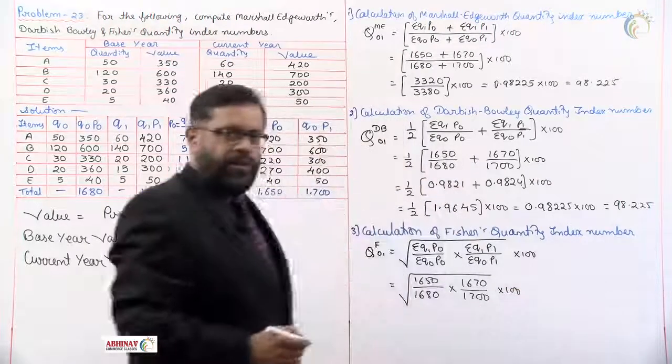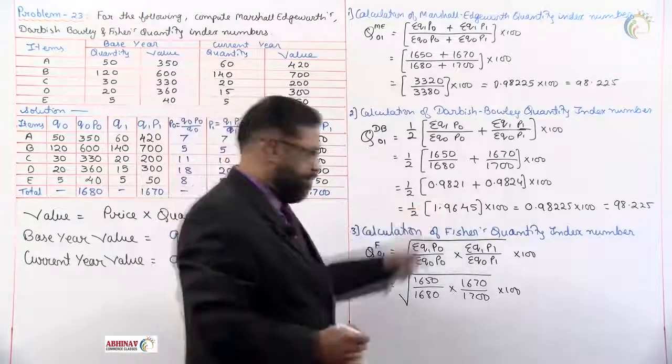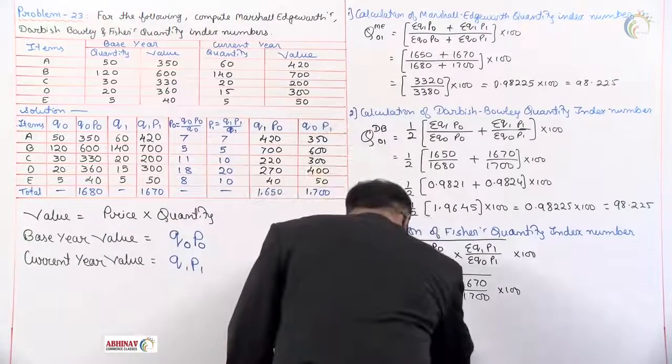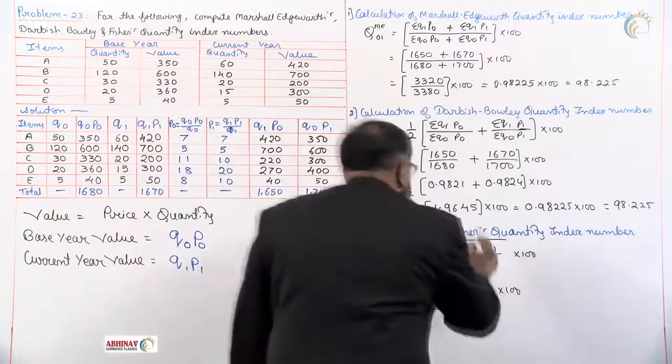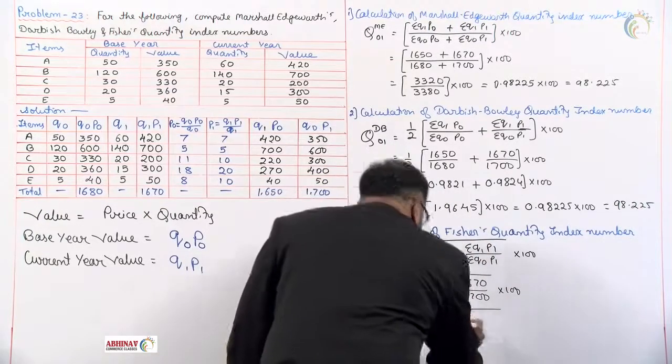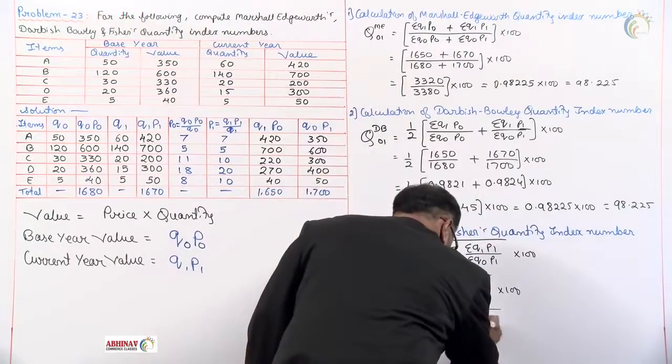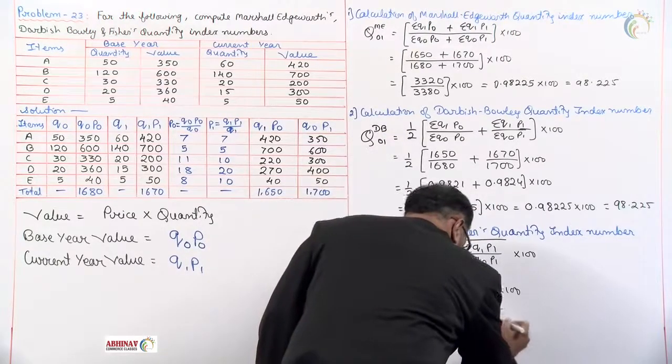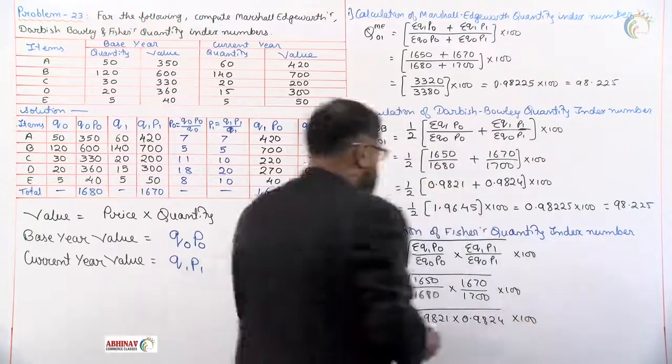Again, don't use the calculator to divide it. Already we have the division. So that is equal to root of 0.9821 into 0.9824, outside the root into 100.